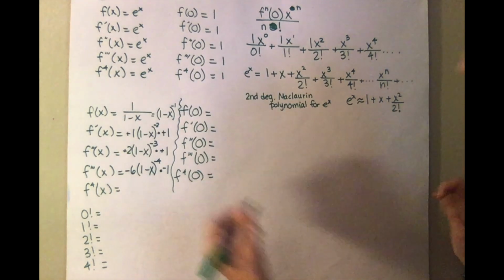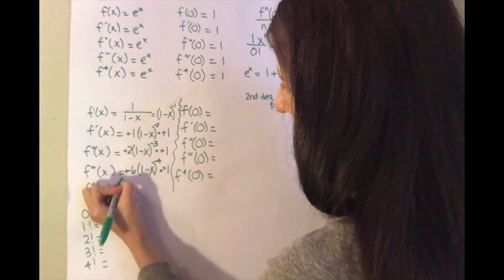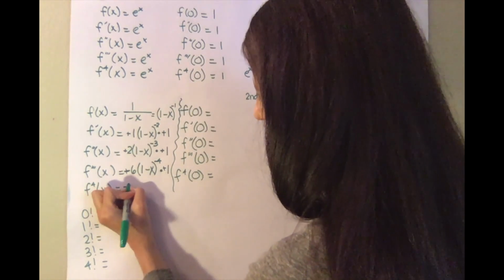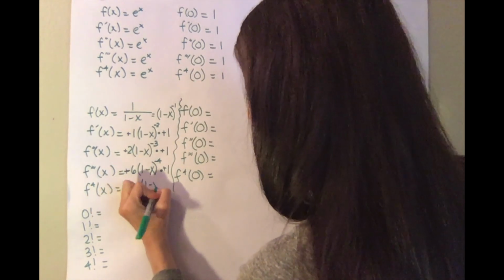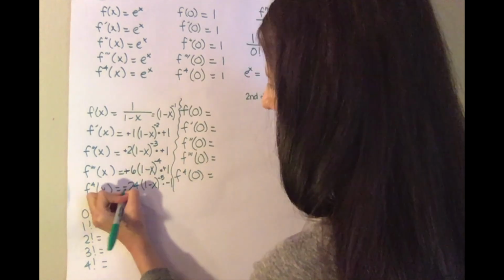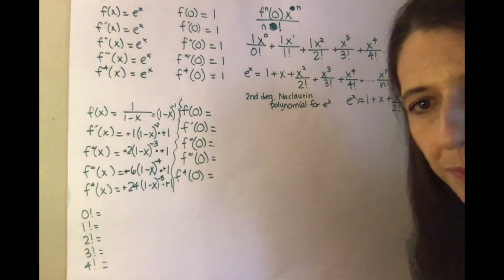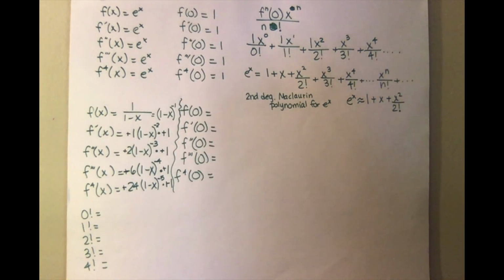Chain rule. Again, the negative times the negative turns into a plus. And let's do one more. So bringing that 4 to the front, we get -24, 1 minus x to the -5 power times the -1, two negatives multiplied to give a positive there. Okay, hope that's big enough for you guys to see.